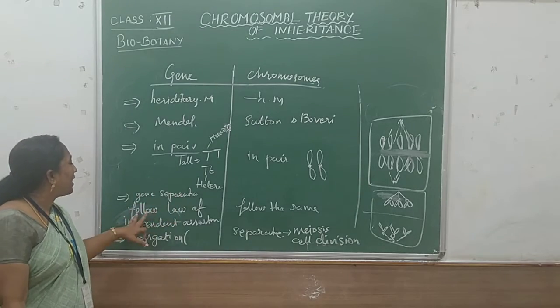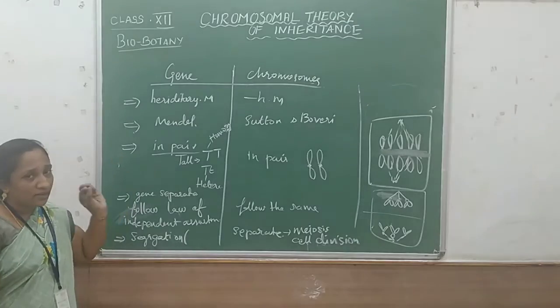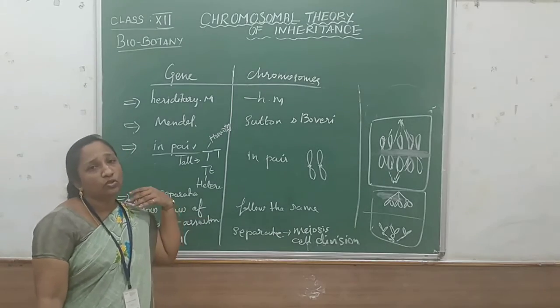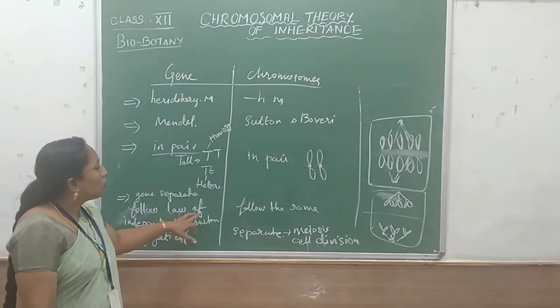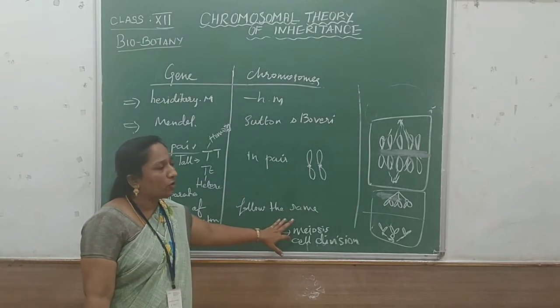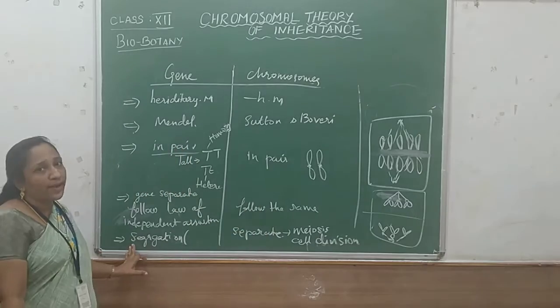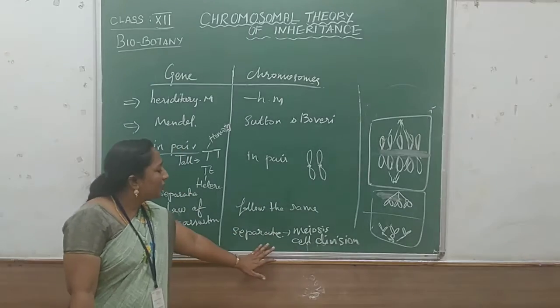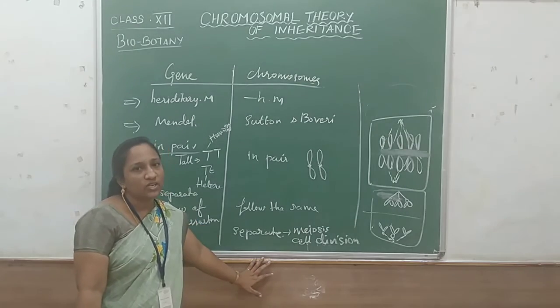The gene separates and follows the law of independent assortment, so the trait has the chance to mingle with some other dominant or recessive gene. The chromosome also undergoes a similar process, the law of independent assortment, and separates during segregation, during the meiosis cycle. Up to this clear, children?